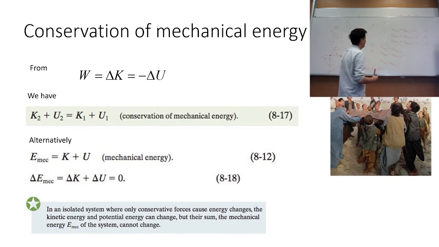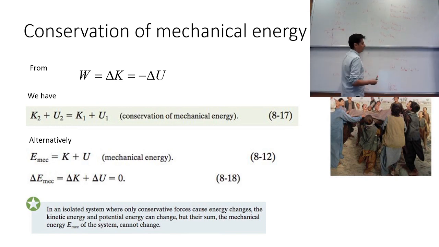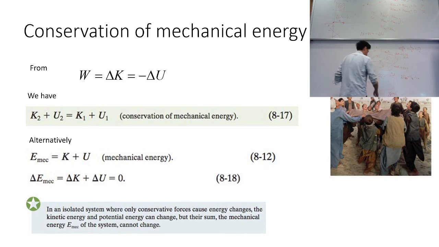So you can rewrite this equation, delta K equals minus delta U. So delta K, we're saying that delta K equals the work, which is also equal to minus delta U. So let's just look at the change in kinetic energy and potential energy. This is K final minus K initial.